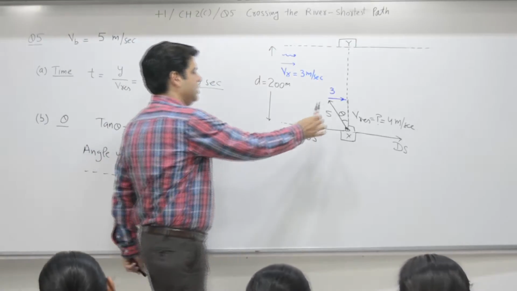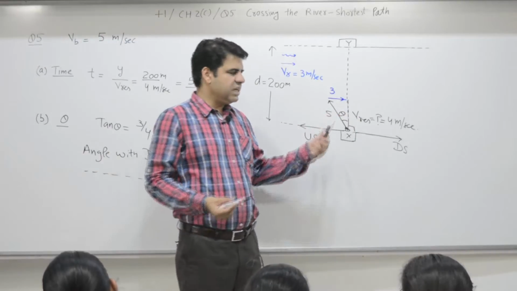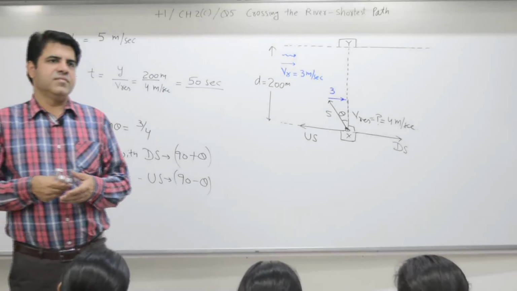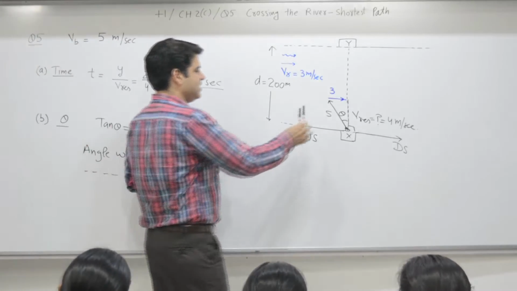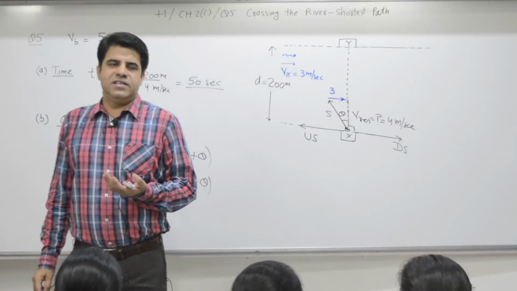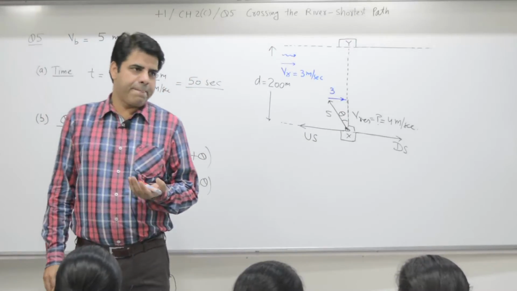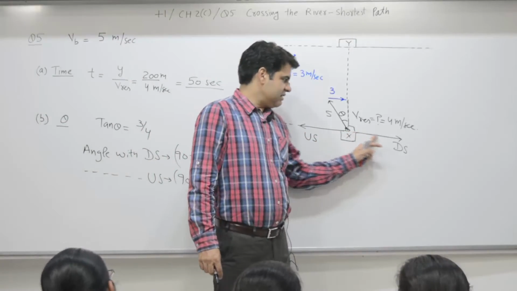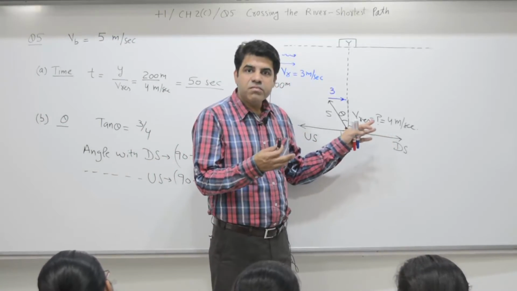Why was this not good? What's wrong with this theta? Why not with this direction? What is the problem in defining this one? See, the downstream edge is available in physical form.